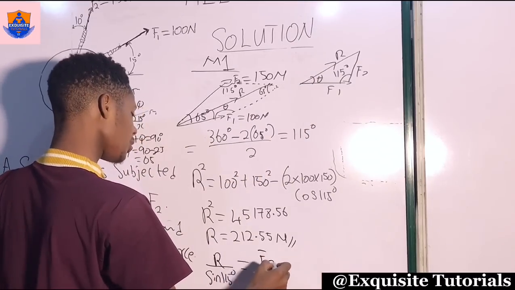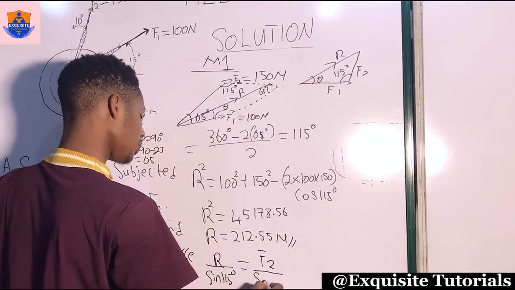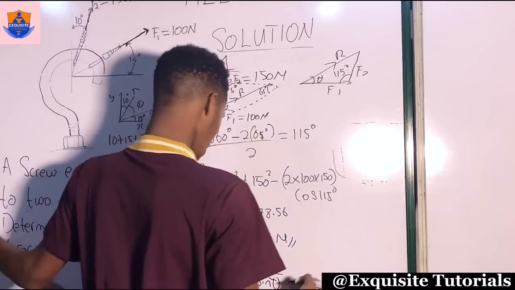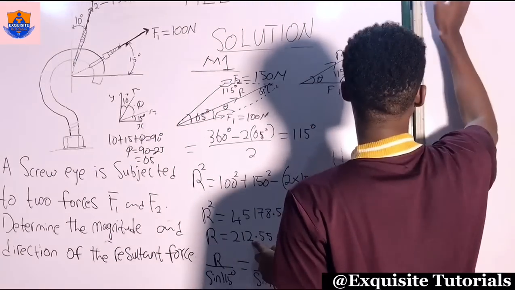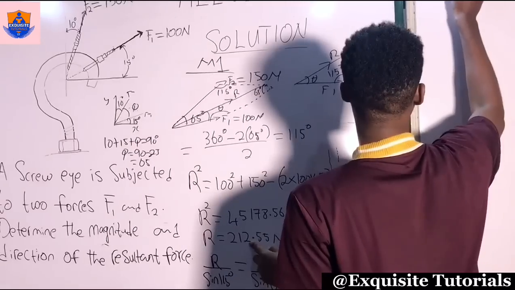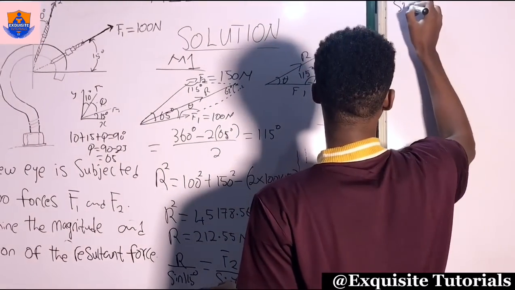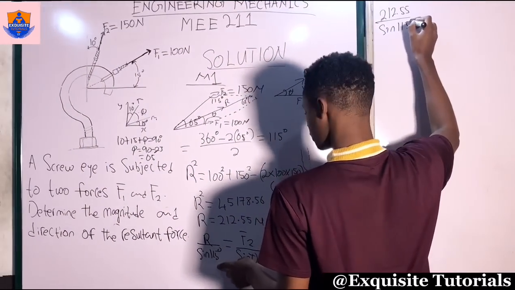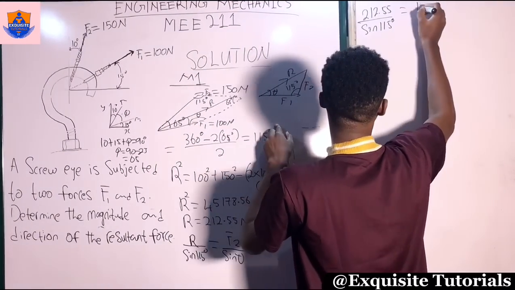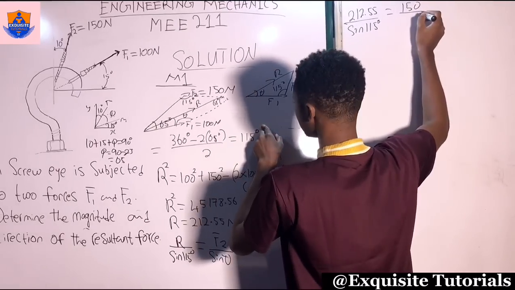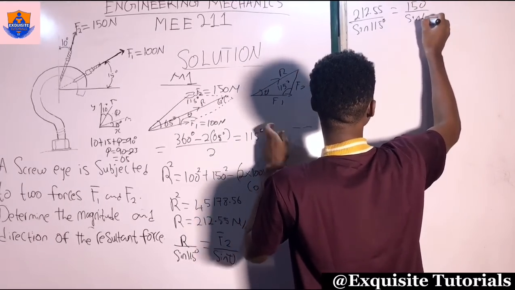So that is F2 divided by sine of the angle theta. Now we know that the resultant force is 212.55, so I have 212.55 divided by sine 115 degrees equals F2, and F2 has a value of 150 newtons divided by sine of theta.